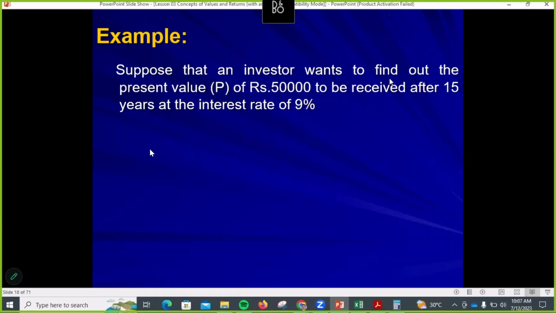Suppose that an investor wants to find out the present value of 50,000 to be received after 15 years at an interest rate of 9%. Find out the present value of 50,000.